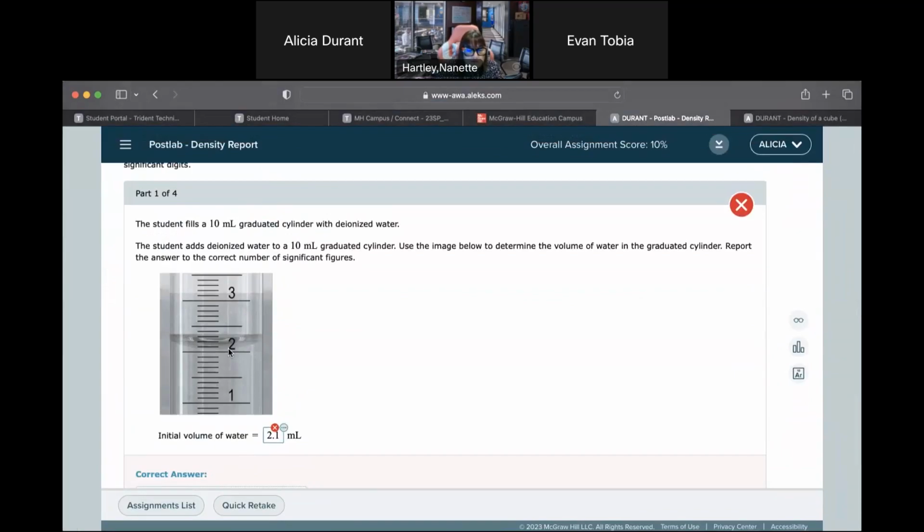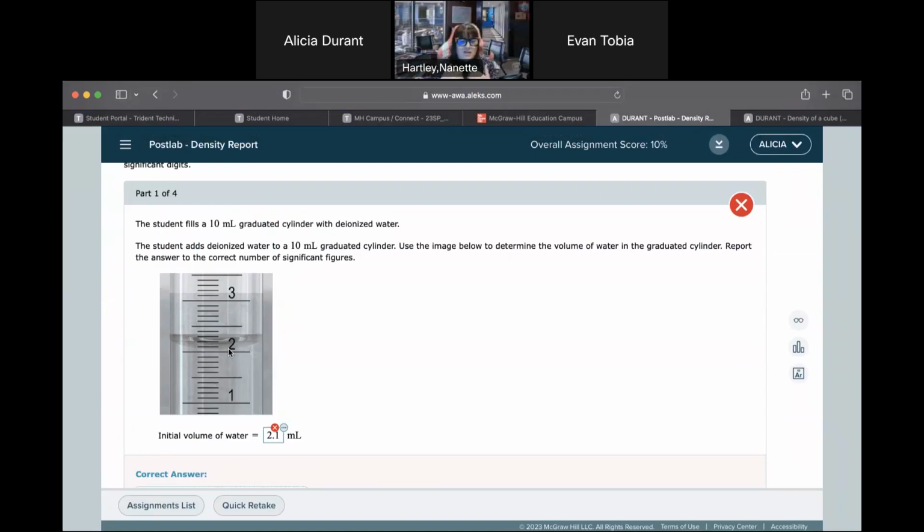Looking at that line, I thought that was 2.1, but it's not. The bottom of the meniscus, you see how it's curved? The very bottom of that is below the 0.1. So it's in between the 0 and the 0.1. So that's why it's 2.05, because you're expected to be able to guesstimate beyond what you can read.